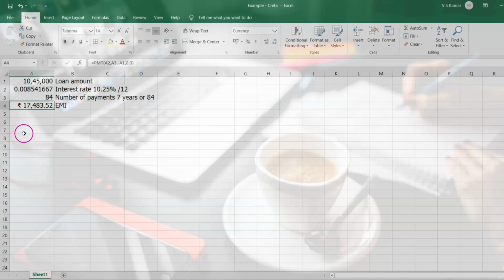So now I have calculated the EMI, and I am going in for preparing the amortization schedule.